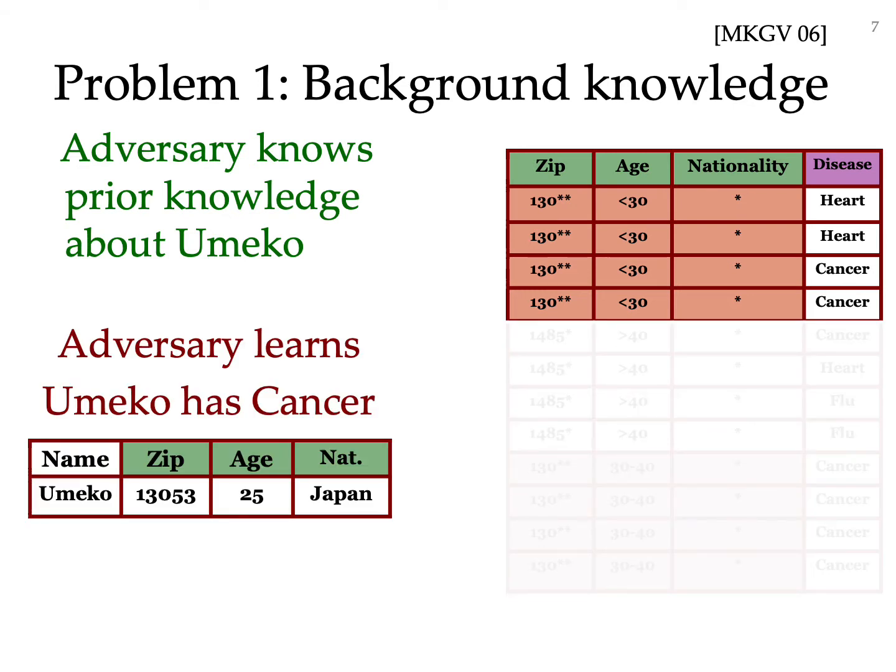Without additional information, the adversary is not sure whether Emiko has cancer or a heart disease. However, it is well known that Japanese people have an extremely low incidence of heart disease, and therefore the adversary can conclude with near certainty that Emiko has cancer. This is a type of inference attack that utilizes background knowledge.